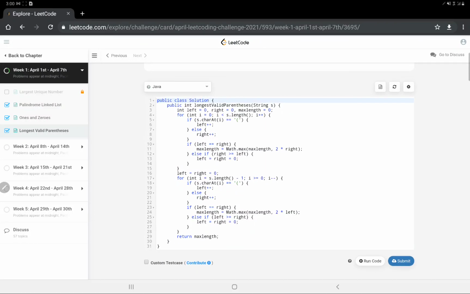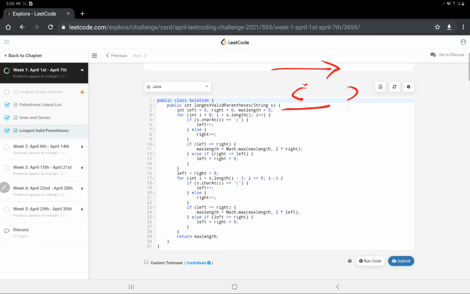So these are the variables that we have initialized. Initially the count for left and the count for right are 0, and the maximum length, the answer, is 0 as well. Now for i equals 0 to s dot length, i plus plus, that is traversing in this direction, if the character we encounter is this, we increment our left, and if we encounter this, we increment our right.